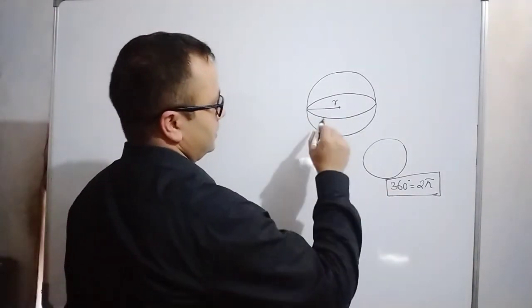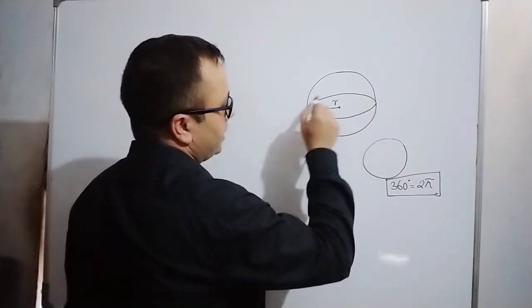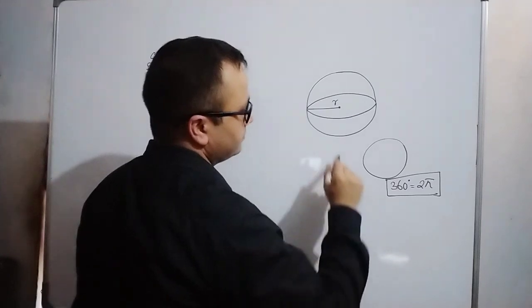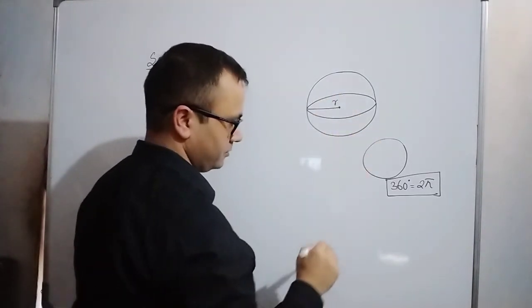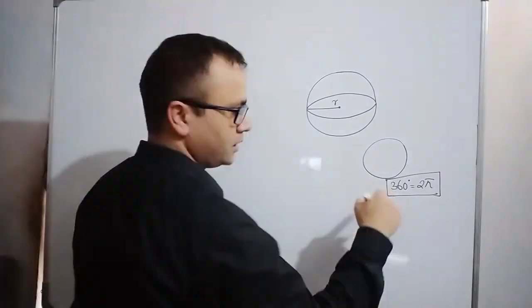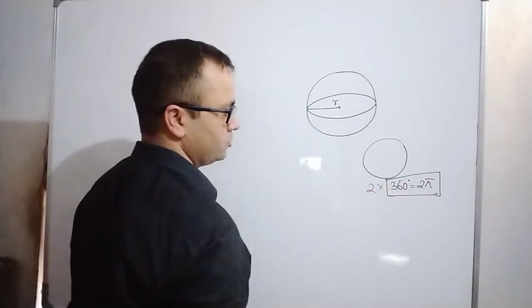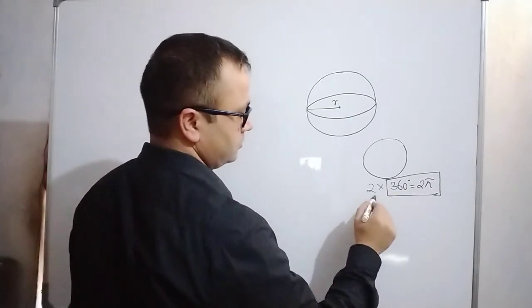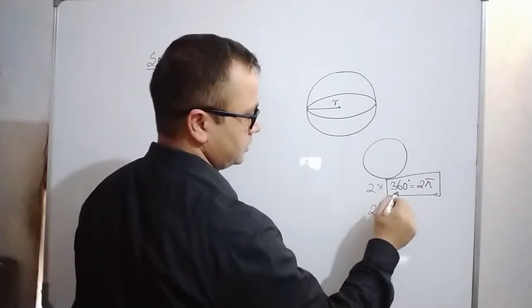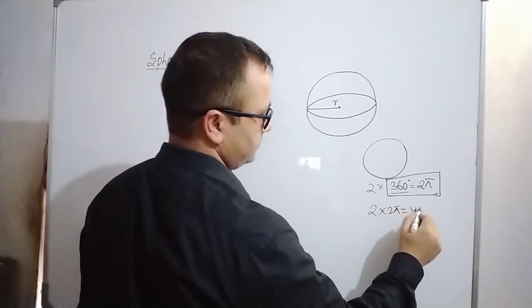So in sphere, one angle is rotational angle and another angle is revolutionary angle. So rotational angle is 360 degree and revolution angle is also 360 degree. So we have to multiply it by 2. So this equals to 2 into 2 pi equals to 4 pi.